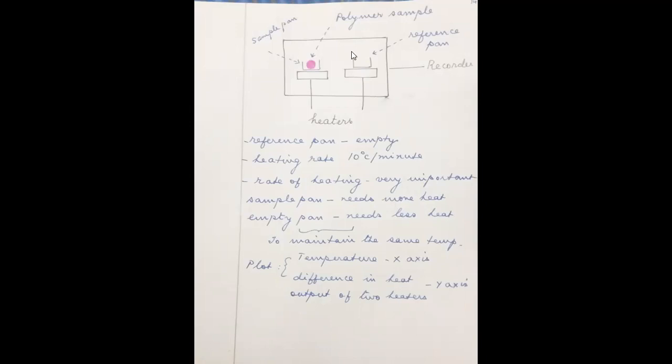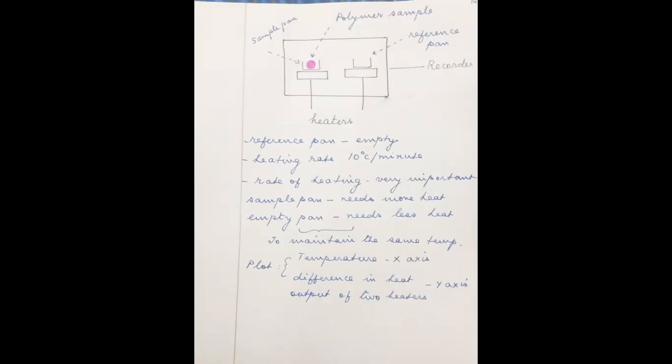And another thing is that the heating has to be at a particular rate, say 10 degrees centigrade per minute. In 1 minute, you raise the temperature by 10 degrees. Suppose at this minute it is 20 degrees centigrade, it means in 1 minute it has to rise to 30 degrees, 20 to 30, a 10 degree rise.